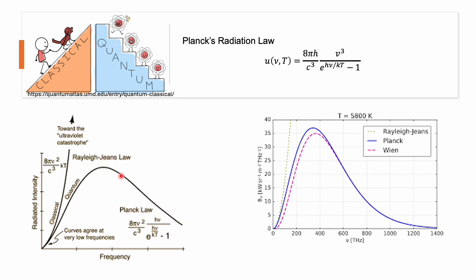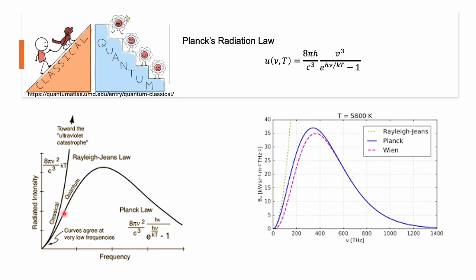So here, if we study this graph, this is the graph of frequency versus intensity. According to classical physics, this is the Rayleigh-Jeans, the classical approach, this line.